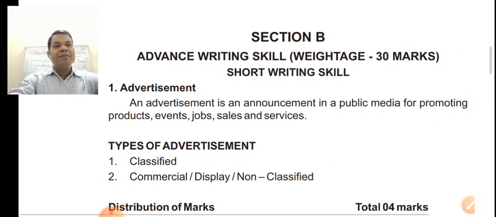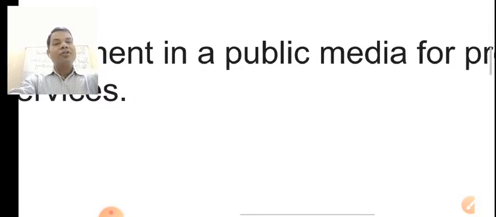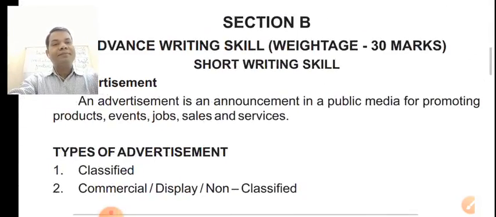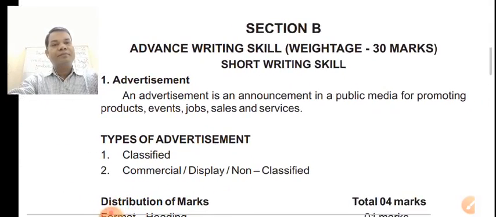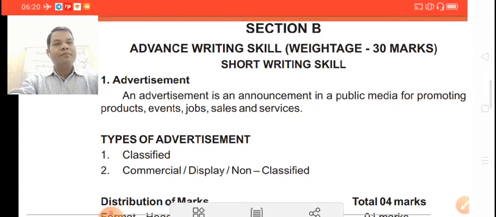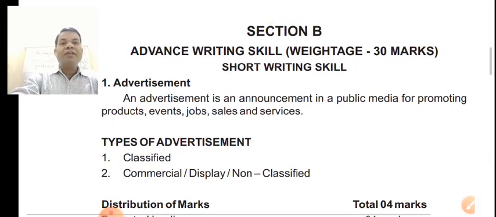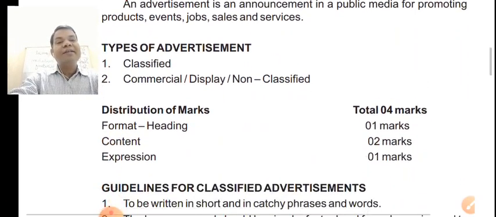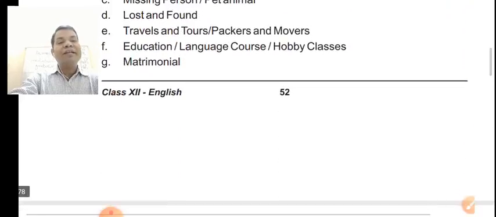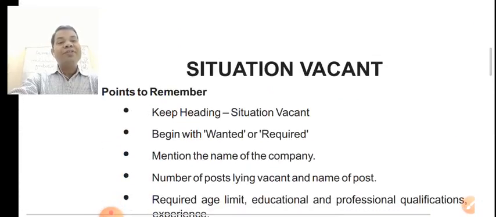In our section B, under advanced writing skills, in short writing skills, this year only notice writing, advertisement writing and invitation writing is there, in which first of all we have discussed advertisement writing, in which we have gone through different types of advertisements which I am showing here.